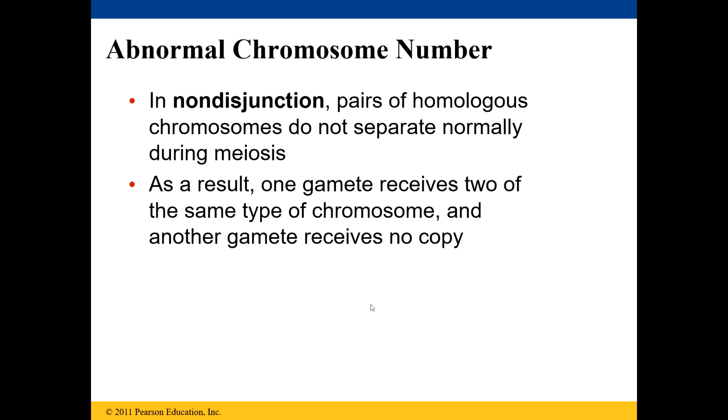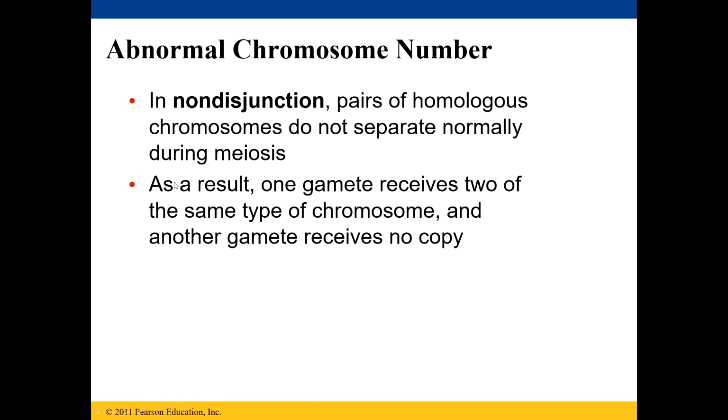So when we look at abnormal chromosome number, what changes our chromosome number? Why is it that some people have, instead of 46 chromosomes, only 45, or they might have 47? What happened there? Usually that's a result of something known as non-disjunction. That word refers to the fact that pairs of chromosomes, and sometimes the chromatids, fail to separate during meiosis.